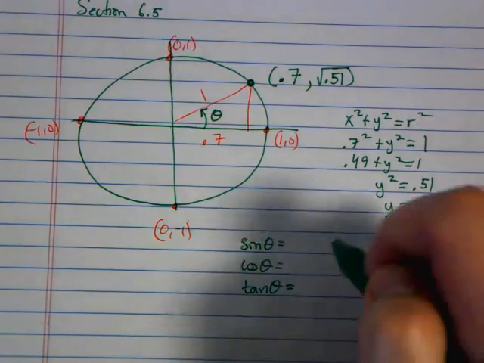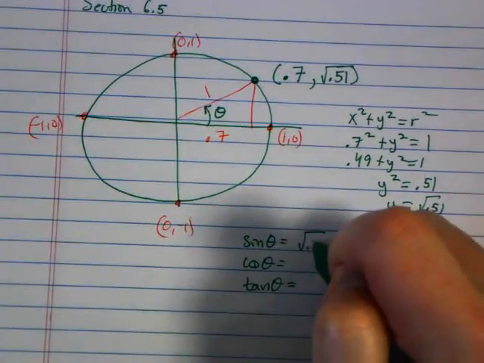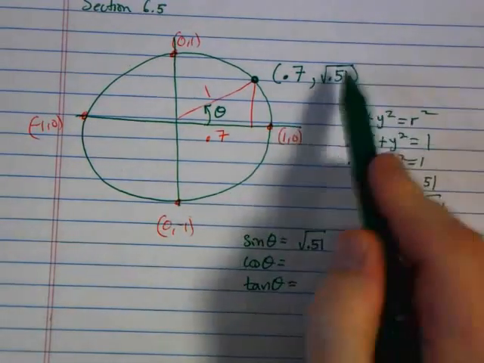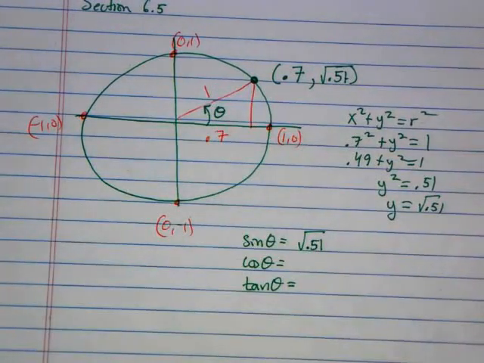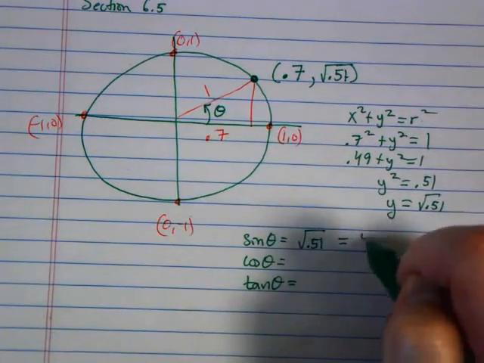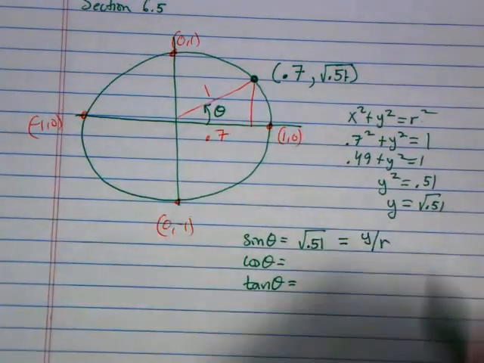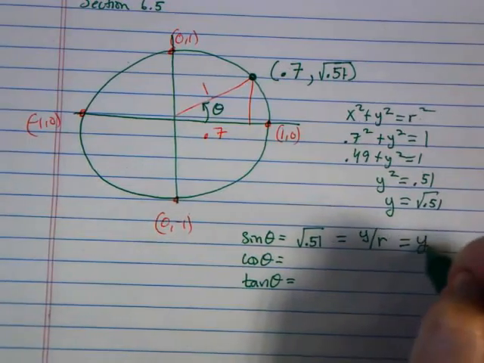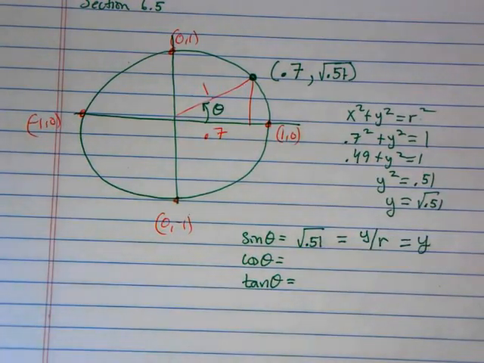Square root of 0.51. Why? It's opposite over hypotenuse, and the hypotenuse on a unit circle is always 1. Remember we talked about sine is y over r. But on a unit circle, r is always the number 1. So on a unit circle, sine of theta is simply the y value.